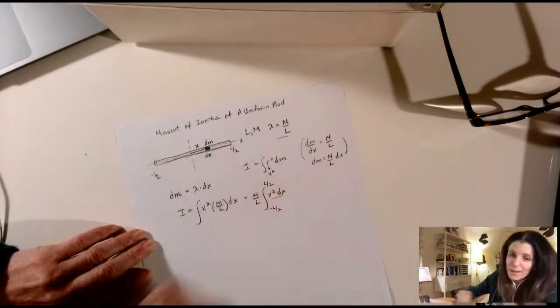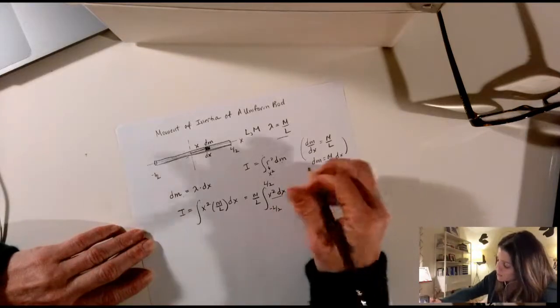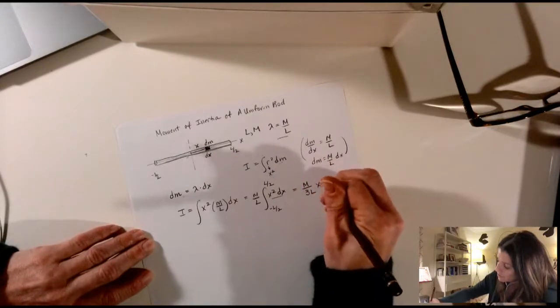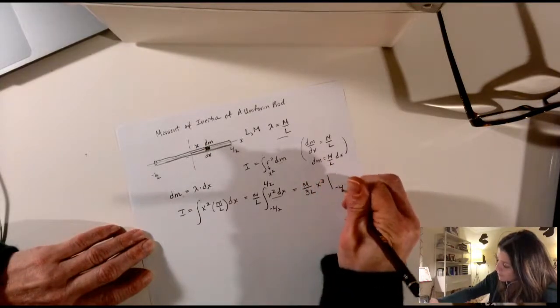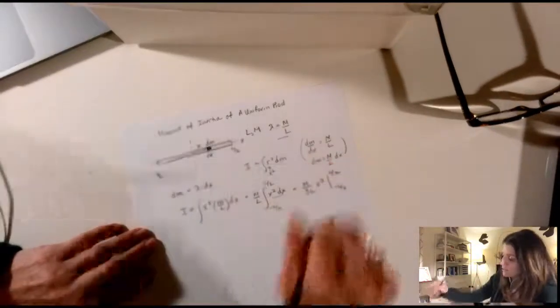Now I remember my integrals: the integral of x squared dx is x cubed over 3. So this becomes M over 3L times x cubed evaluated from negative L over 2 to L over 2. Now I just have to plug in my L over 2.